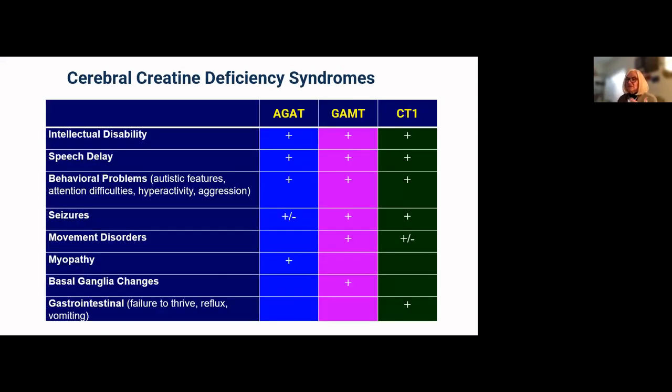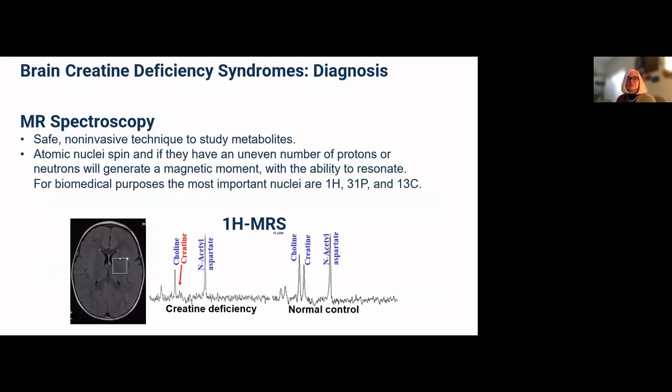This table summarizes the main clinical features of cerebral creatine deficiency syndromes, and as you can see, all of them present very similar characteristics. As I mentioned earlier, initially they were identified through MR spectroscopy because of the lack of the creatine peak.